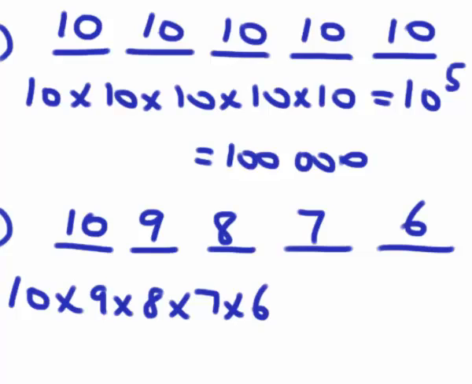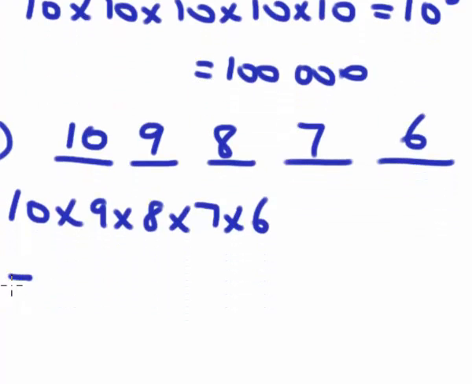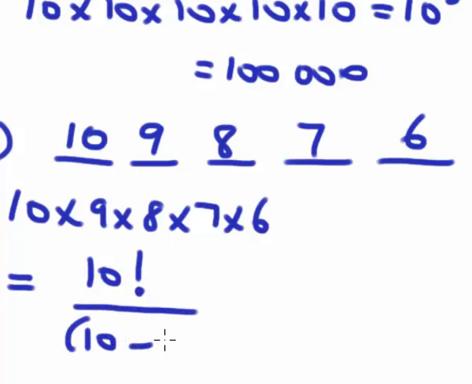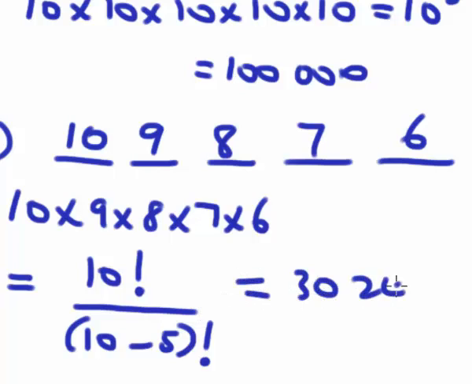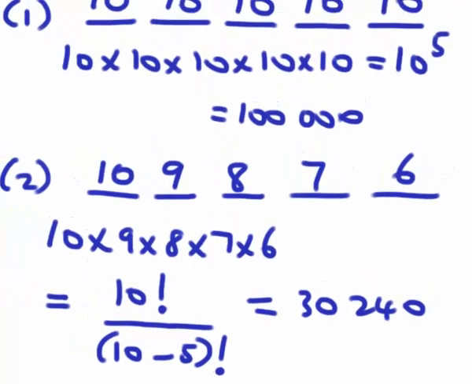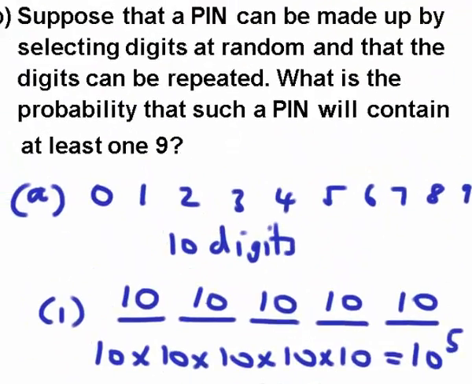Another way of looking at it would be 10 factorial, that's 10 total digits divided by 10 taken at 5 at a time, 5 possible digits in the codes. And if you work that out, that's 30,240 possible codes.